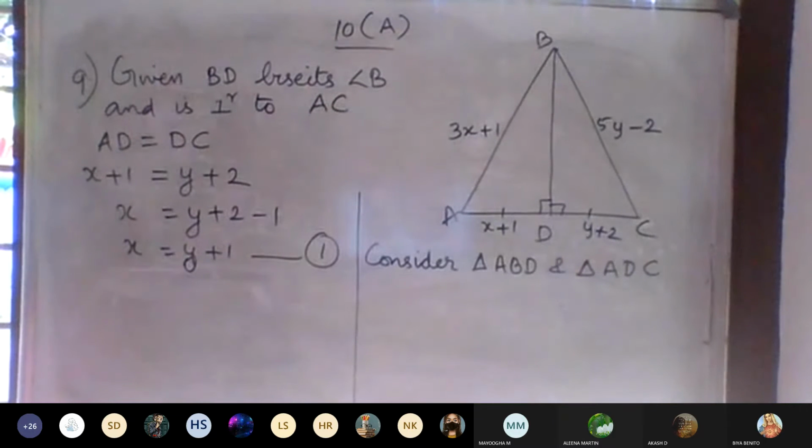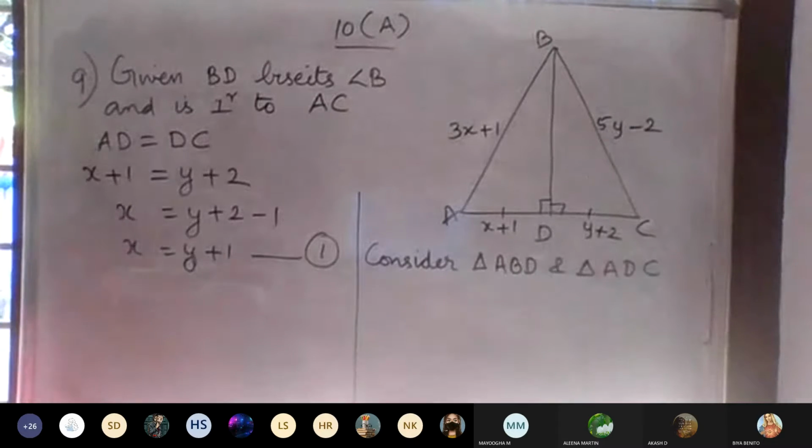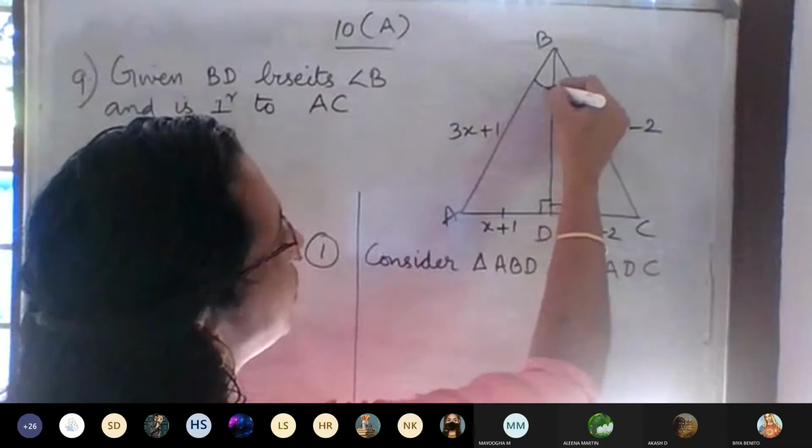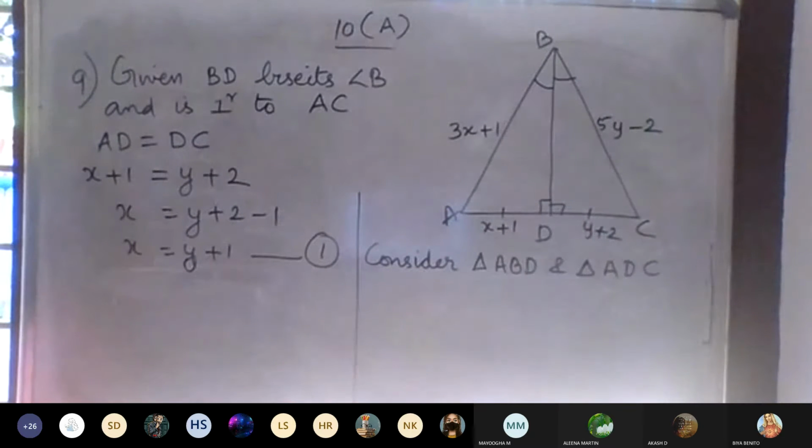Read the question. BD bisects angle B and is perpendicular to AC. BD bisects angle B, what is the meaning of that? These two angles will be equal, no? Bisect means dividing into two. So which two angles will be equal?